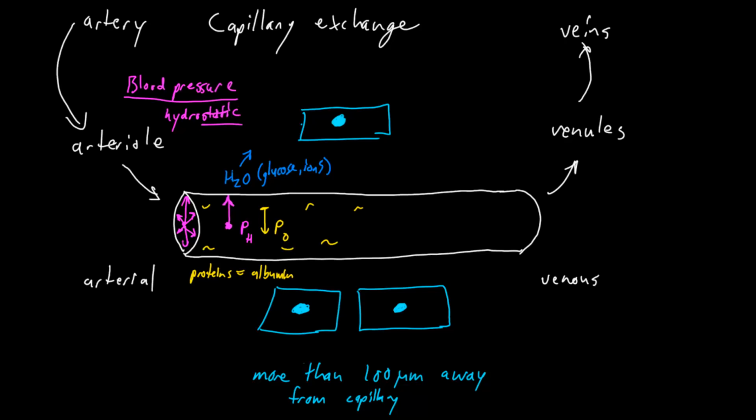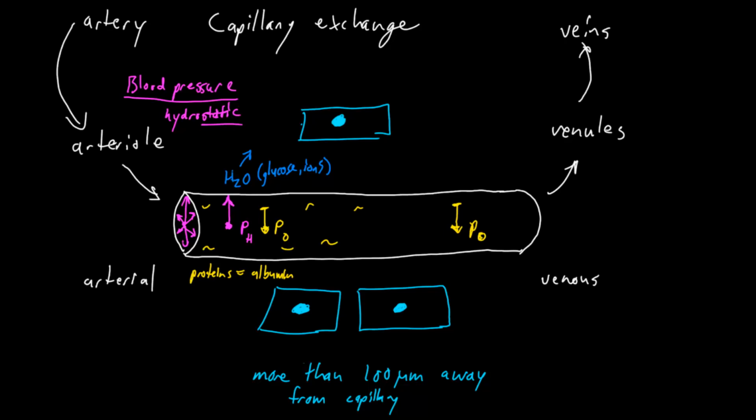And we can do this with a different balance of pressure on the other side of the capillary. Now, for the most part, these plasma proteins, this albumin, doesn't escape the capillary. So the size of its pressure stays the same between the arterial side and the venous side. So this osmotic pressure does not change.